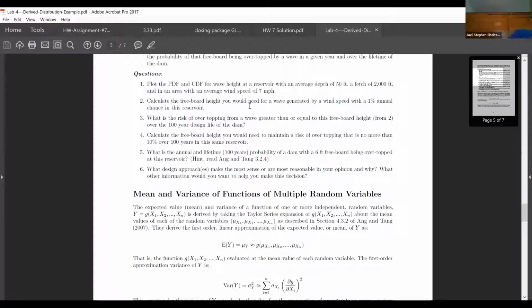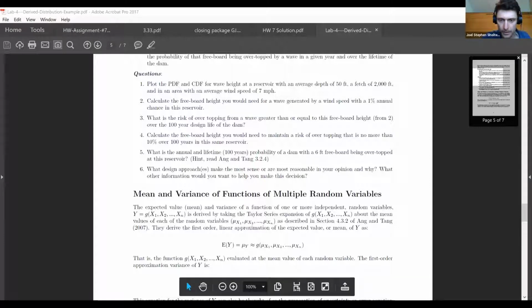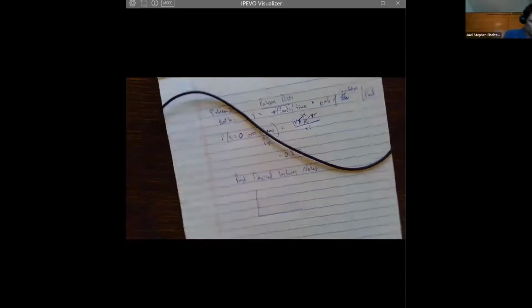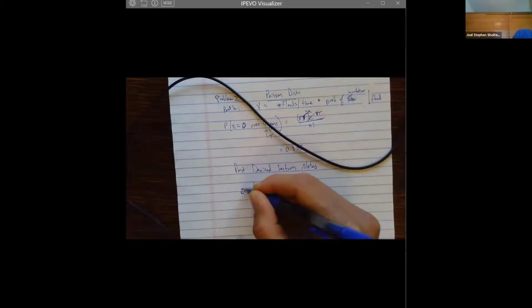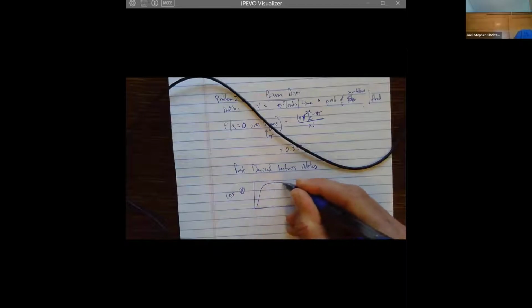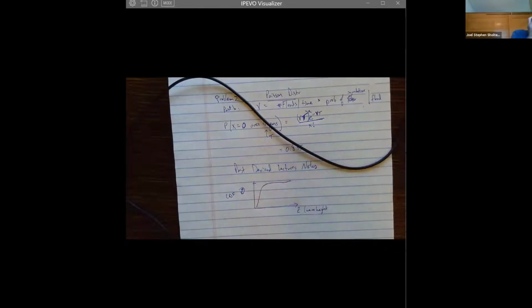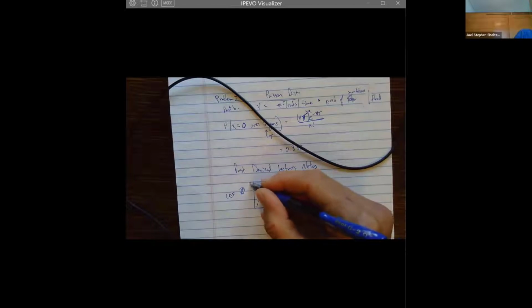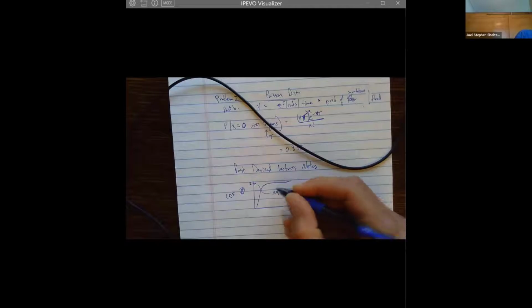And I can just go over to the doc cam here. Okay, so if this is our wave height, and this is our CDF, it looks something like this. If this is 1, we're interested in 0.99.